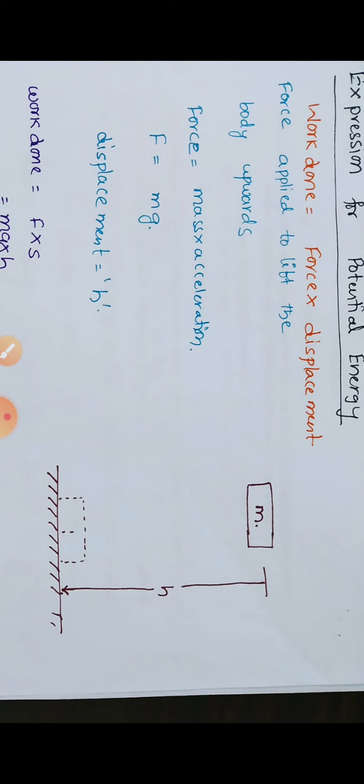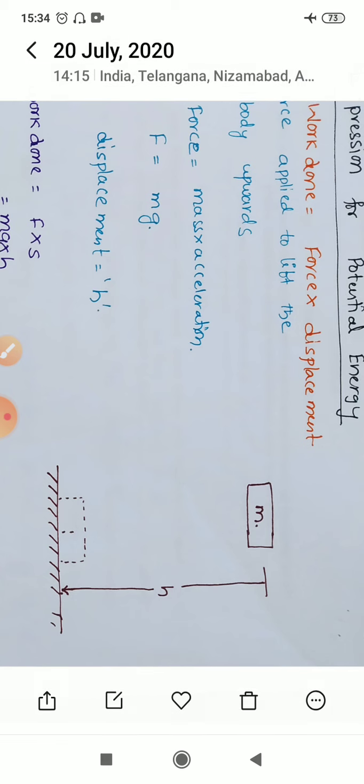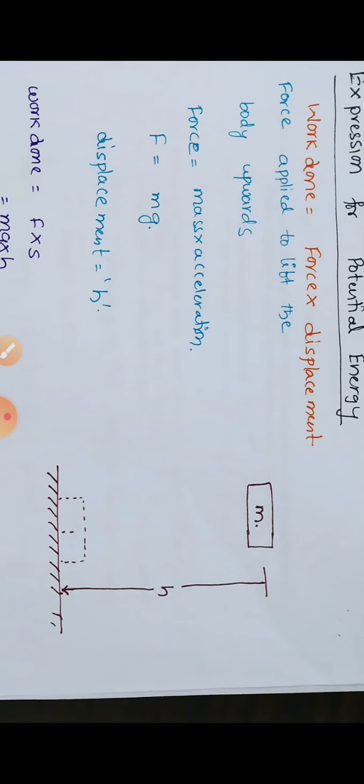of an object may be due to its position, state, or configuration. In this way, here in this example, we take one simple example: a body which got potential energy due to change in its position.